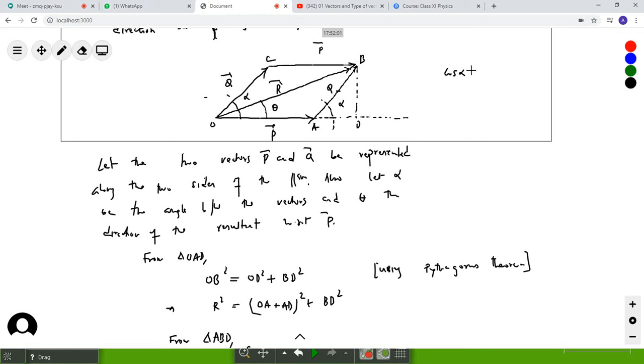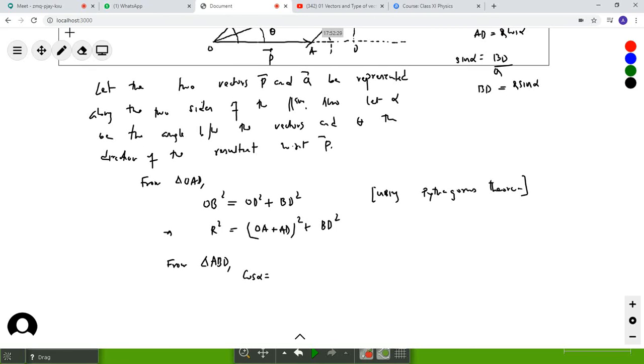So cos alpha is AD by Q, so AD will be Q cos alpha. And sin alpha equals perpendicular by hypotenuse. Perpendicular is BD, so BD by Q. So BD will be Q sin alpha.